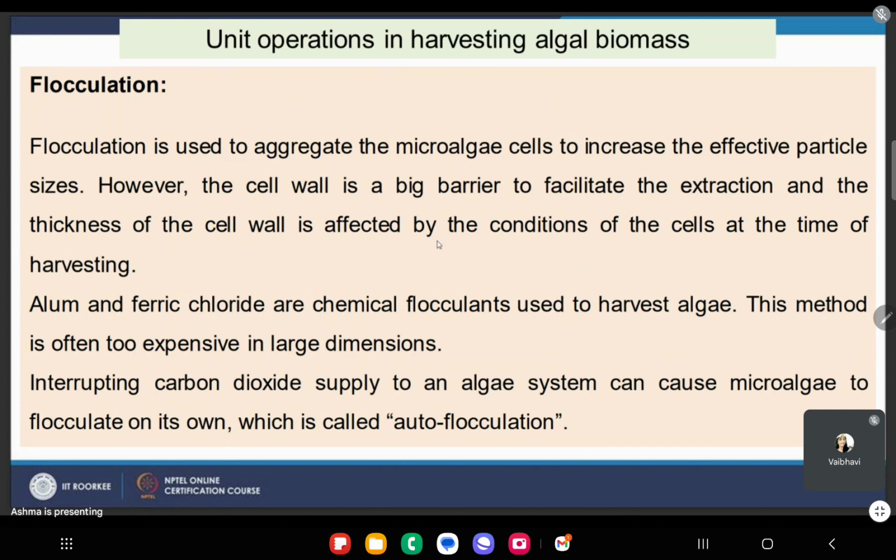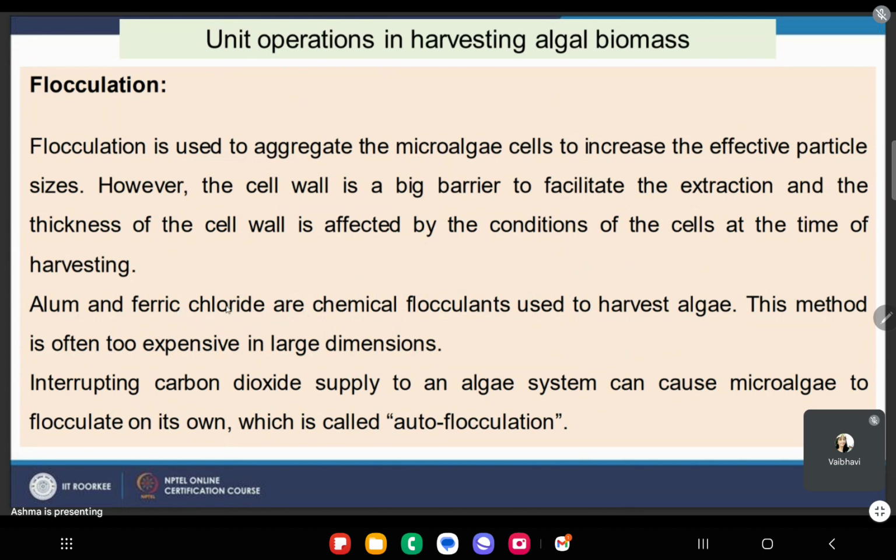We can use alum or ferric chloride. These are inorganic salts, or we can call them chemical flocculants. We can use them to harvest algae, but this method is often too expensive because of the cost associated with these chemicals.